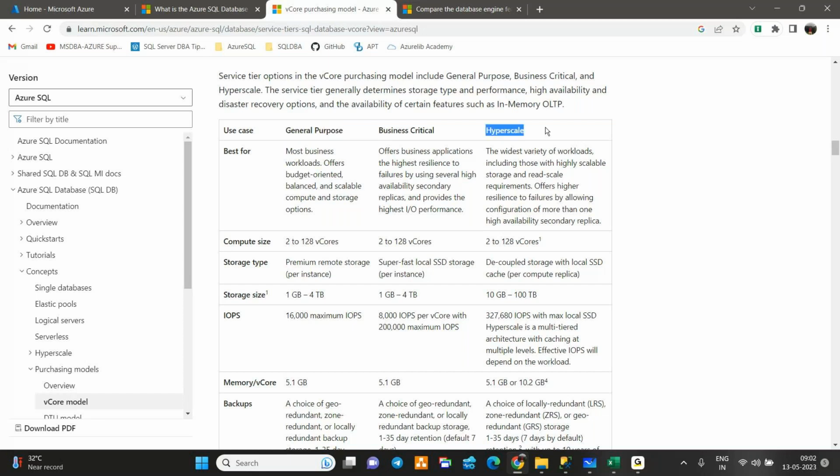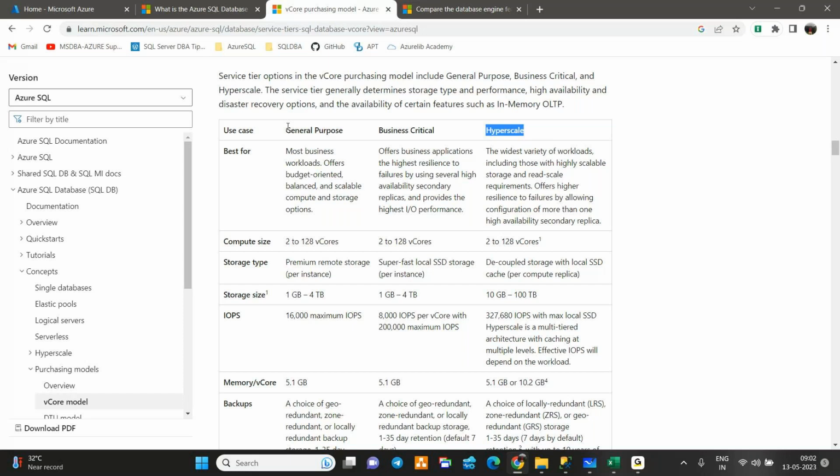Three service tiers: one is General Purpose, one is Business Critical, one is Hyperscale.